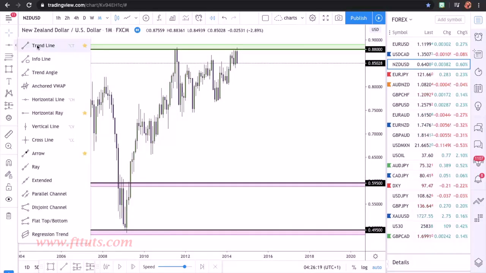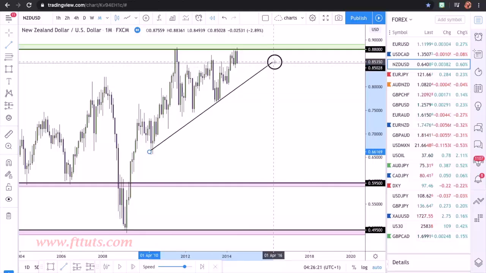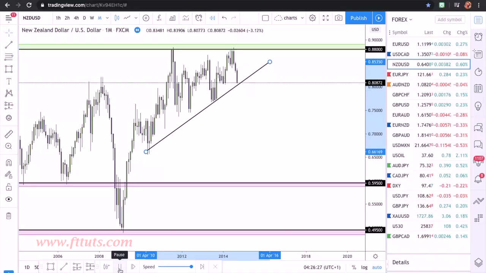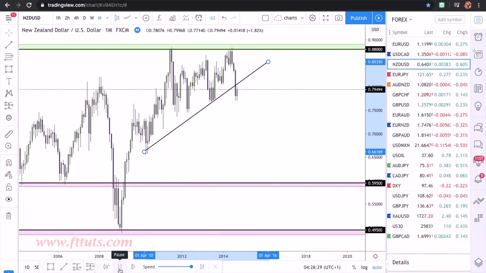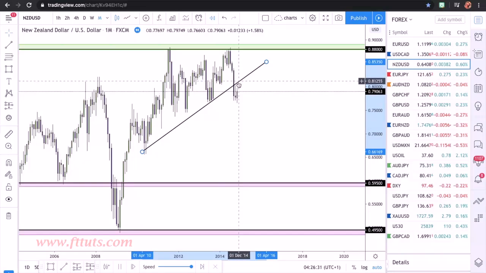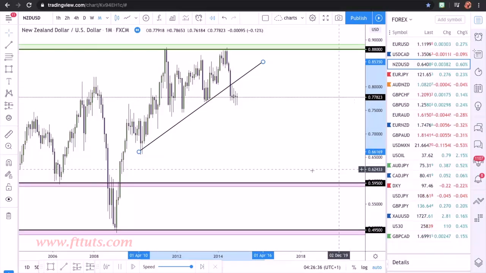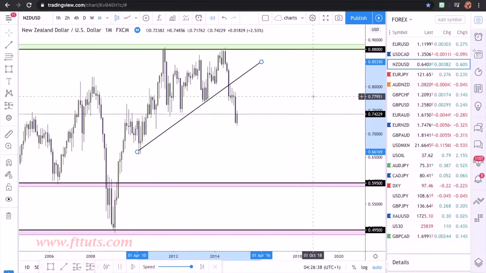So then what happens? It breaks right through, tests that trend line, and then just keeps tanking. Sorry, it's taking forever because it's on the monthly.